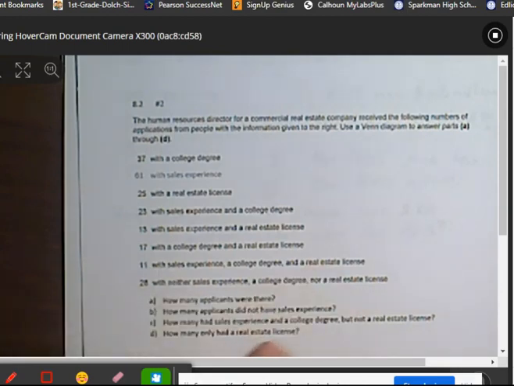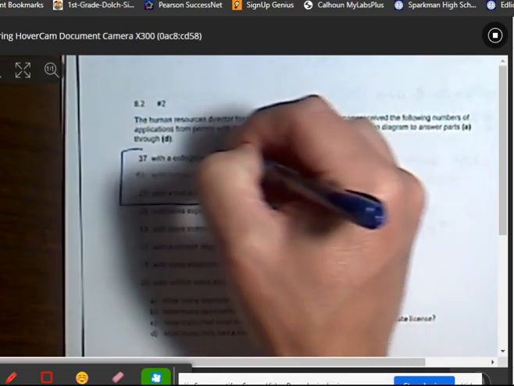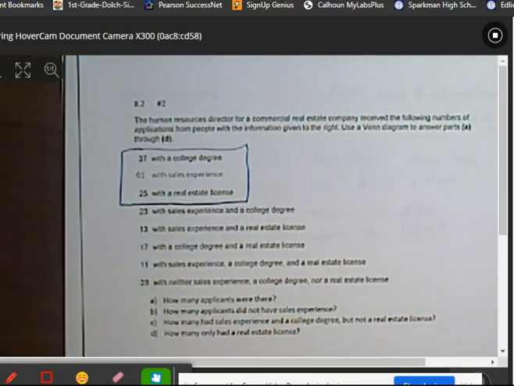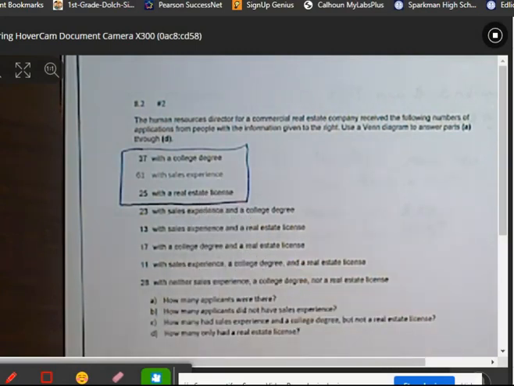It says you've got basically three categories. You have 37 people with a college degree. You've got 61 people with sales experience, and then 25 people with a real estate license. And then they tell you, okay, here's all the people that have some combination of those, whether they've got two of this or two of that or two of something else, or how many people have all three.